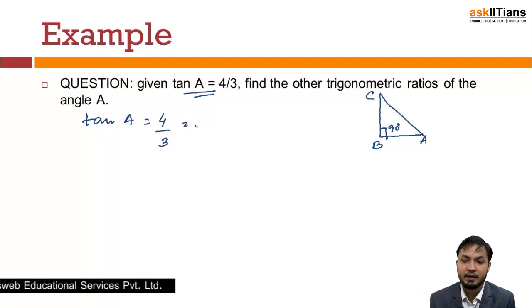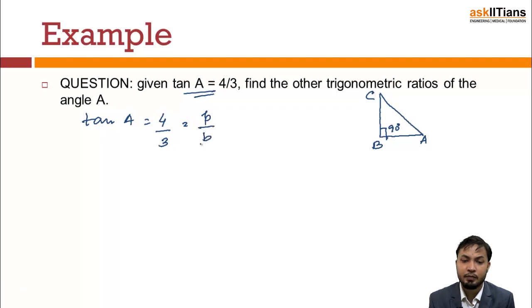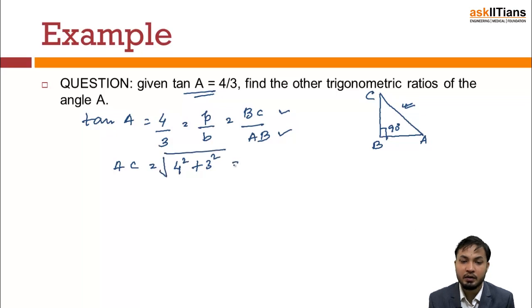Now, what is tan? My tan is P by B, right, which is BC by AB, right? So if I know them, I can take out my third side also, using the Pythagoras theorem. So my AC will automatically become the square root of 4 square plus 3 square, that gives me 5, right?